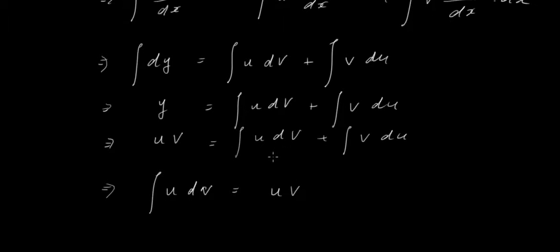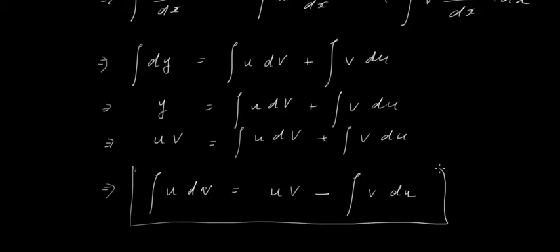Because I've changed signs a couple of times here, I'm going to change this sign as well. That's minus the integral of v du. So that's what we started with. The integral of u dv is equal to uv minus the integral of v du. So this is our formula we're going to use to do some integrations that we can't normally do by substitution.